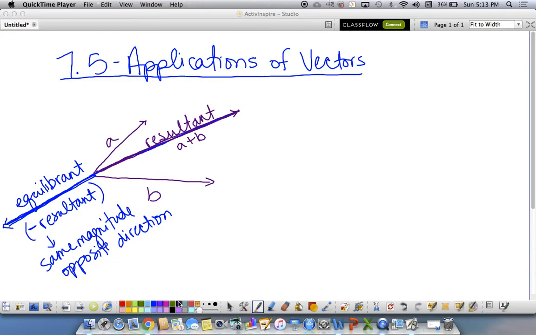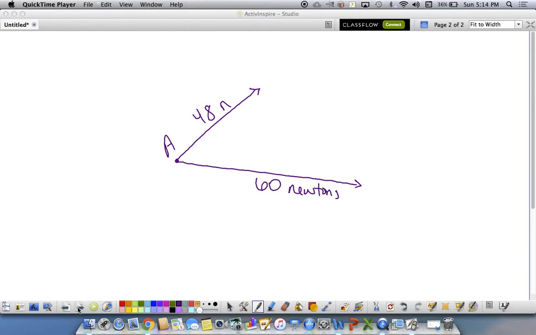Okay, here we go. Find the magnitude of the equilibriant of forces of 48 newtons and 60 newtons acting on point A. So we're going to start with point A. There's a force of 48 newtons here pulling, and there's 60 newtons, and the angle in between them is 50 degrees.